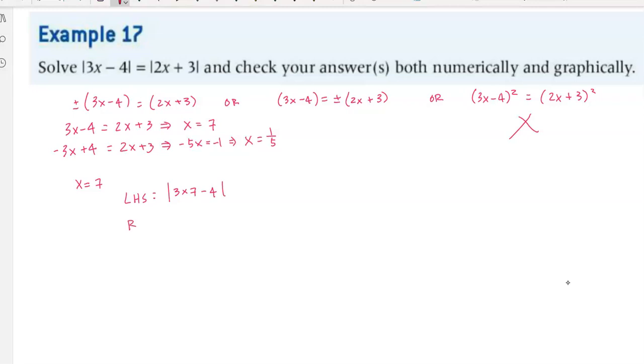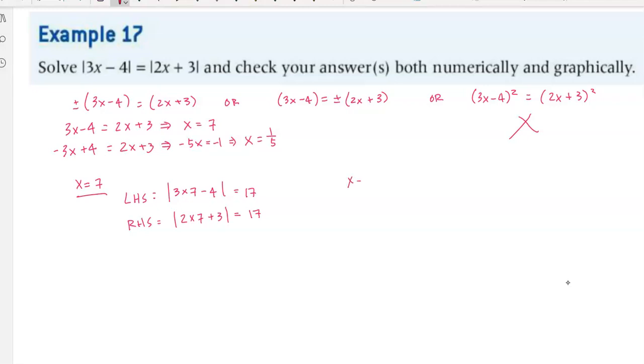And then right-hand side: 2 times 7 plus 3. That's going to be 21 minus 4, which is 17. And then right-hand side, 14 plus 3 is 17. Yes! So x equals 7 works.